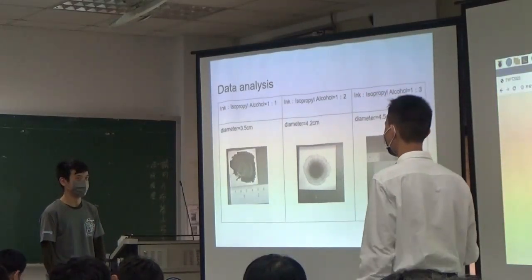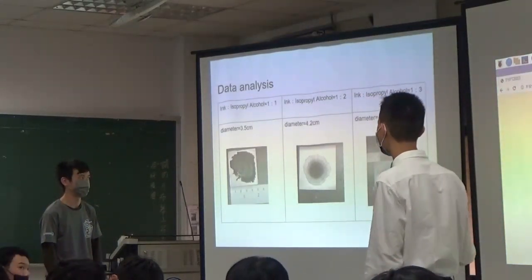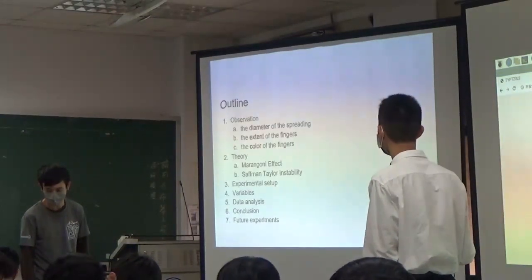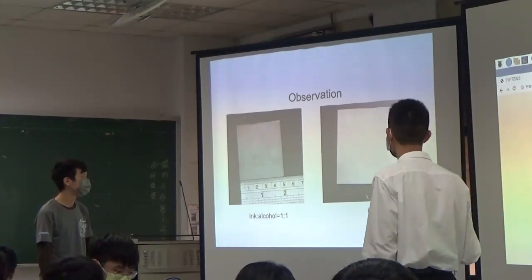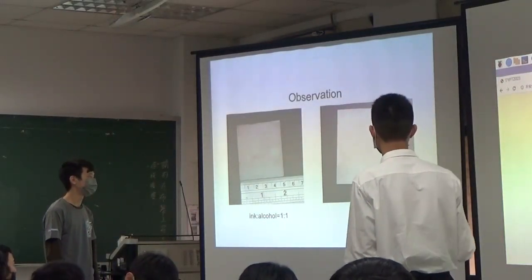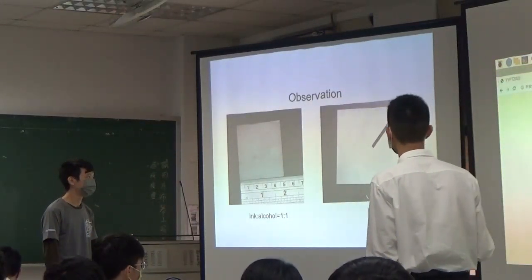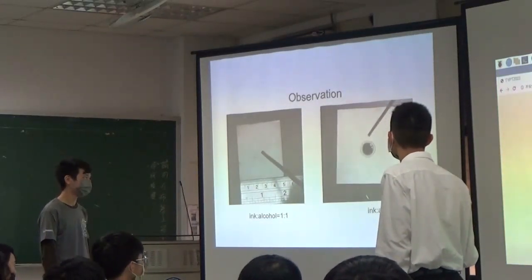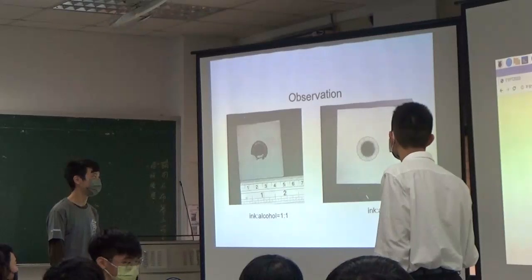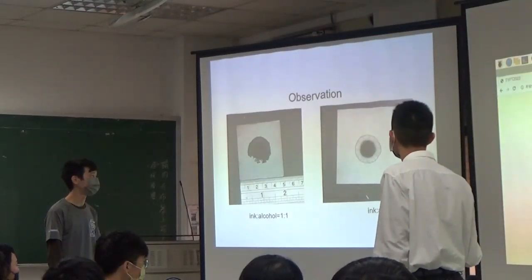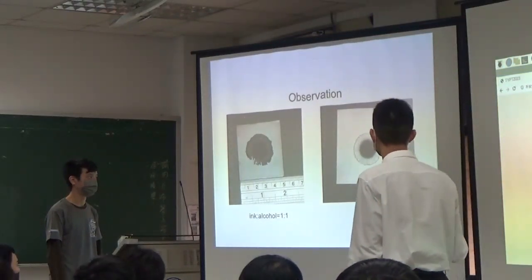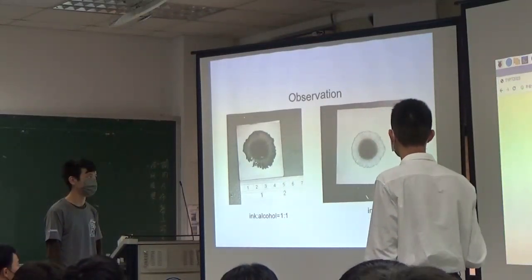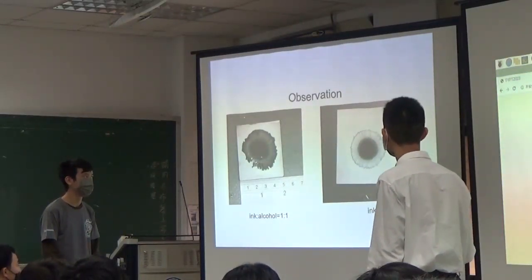So you just show me one of your experimental videos. Can you show me that again? So the ink and the alcohol can have so much influence on the results.